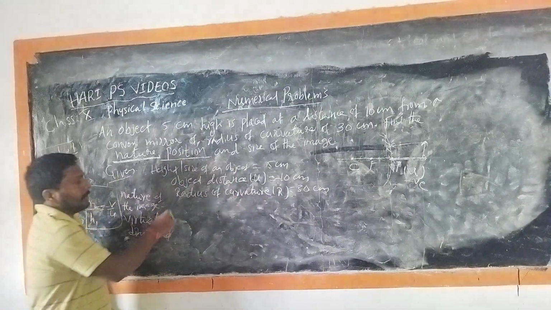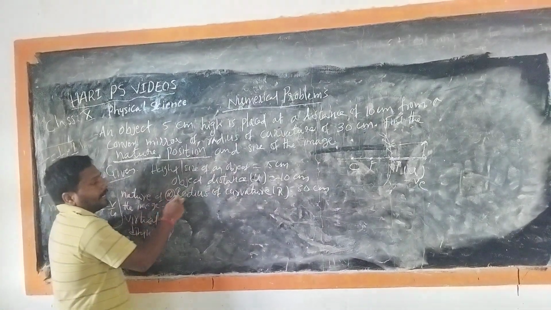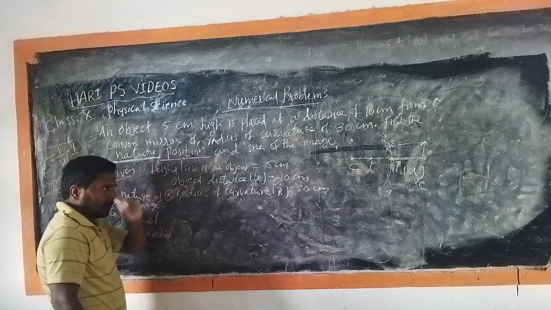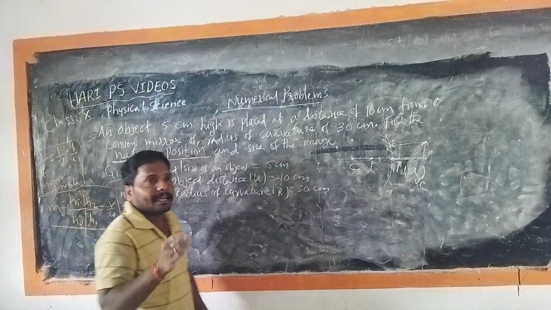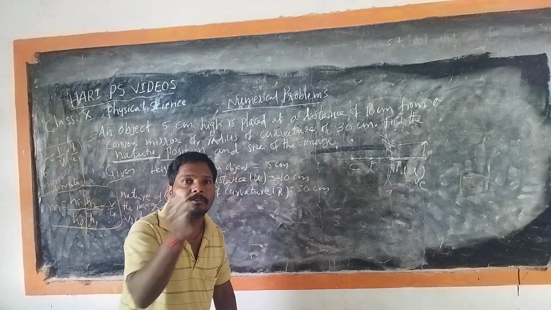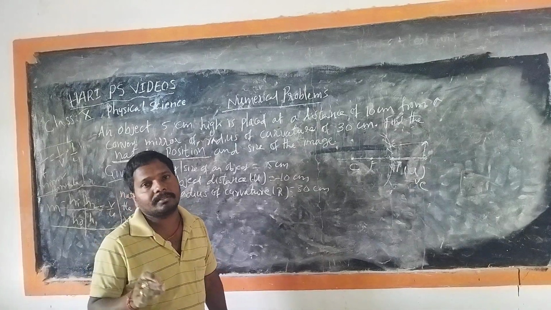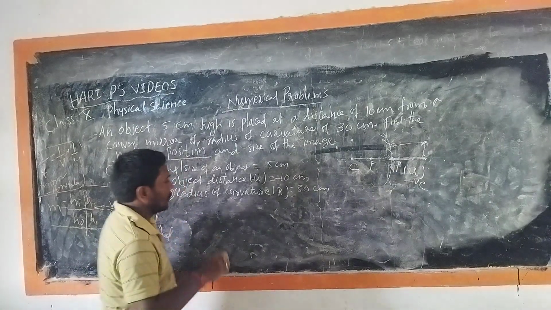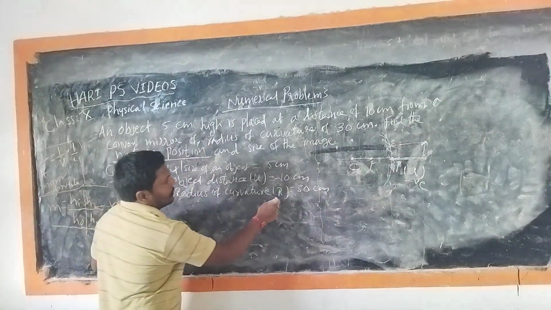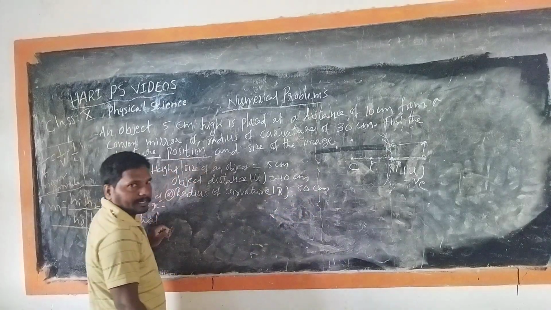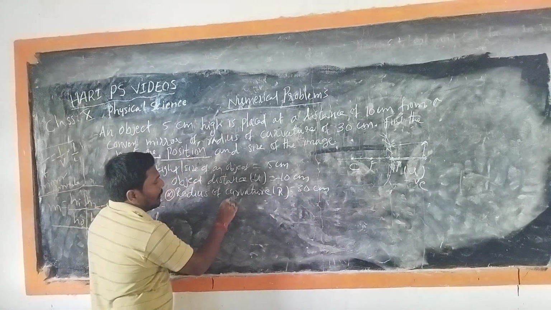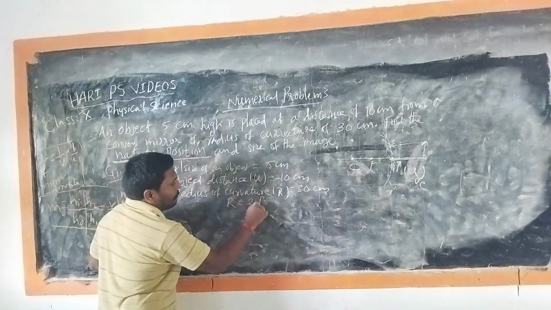No, but the given clue is the radius of curvature. The radius of curvature is double its focal length. So the radius of curvature r is equal to 30 centimeters. As we know, r is equal to 2f.